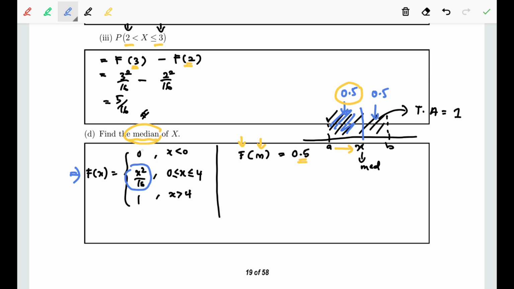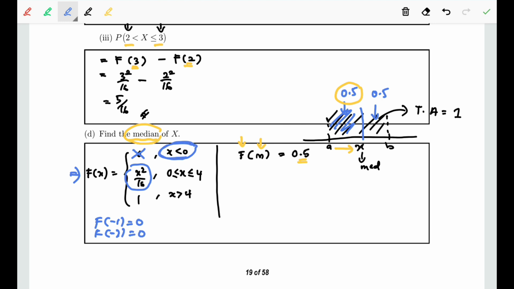The first piece is already eliminated, because any x in that interval gives you 0 probability. F of -1 equals 0, F of -2 equals 0.